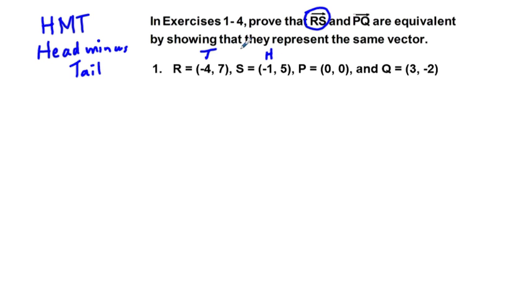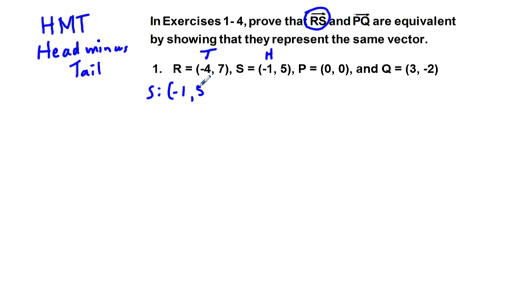So we take the head minus the tail. So it's a matter of organization. What I'm going to do is take head, which is S, and then that coordinate pair at S is -1, 5.